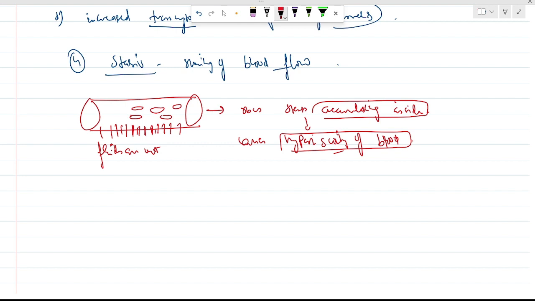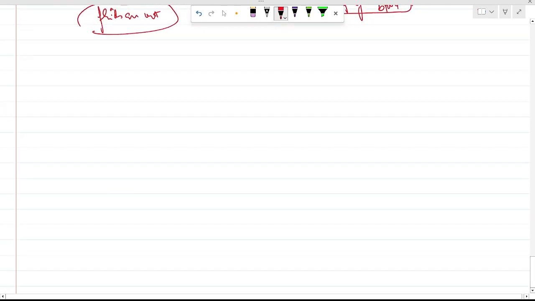This leads to stasis or slowing of the blood flow, as the fluids that are out are rich with proteins and cells. Okay, this was all about the vascular events.